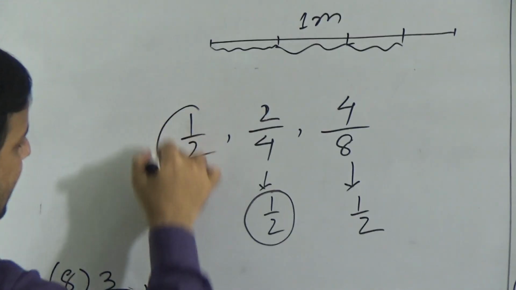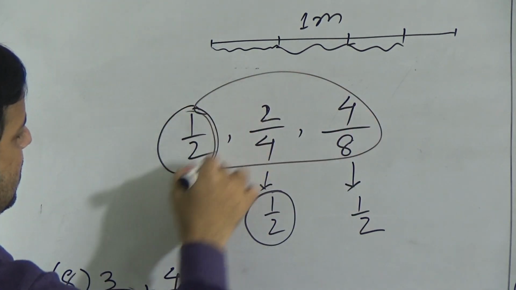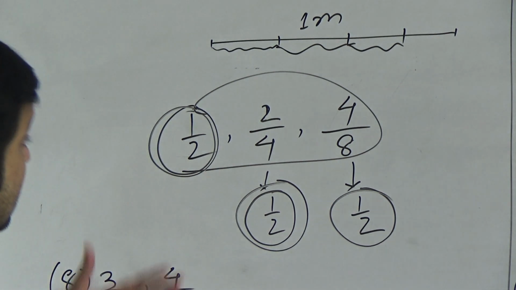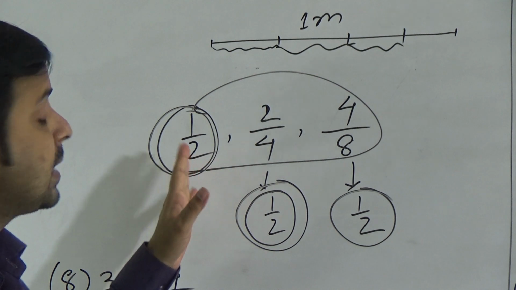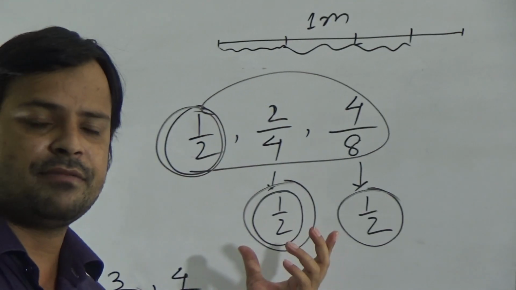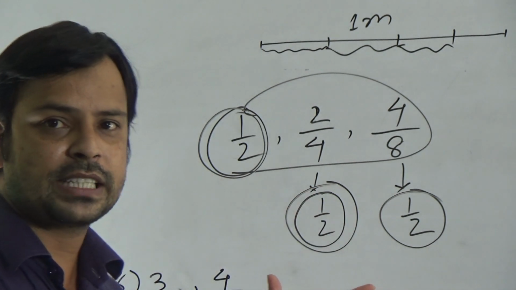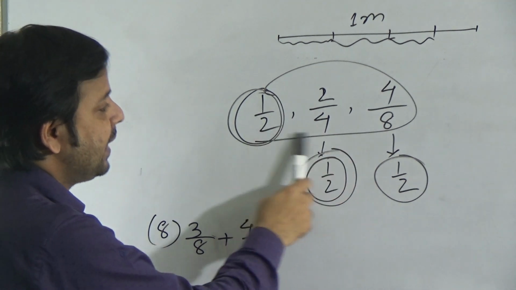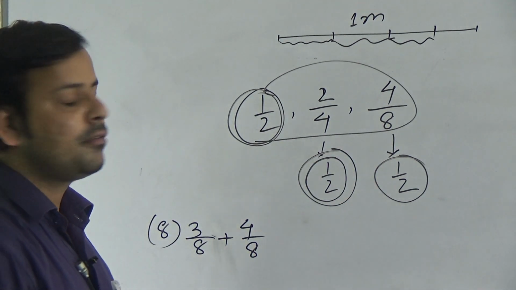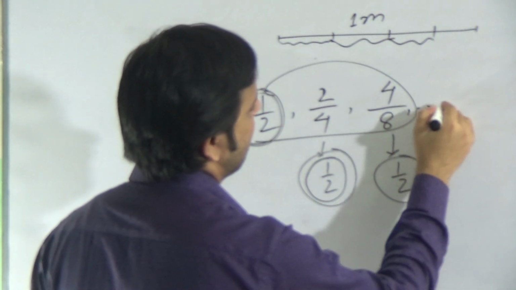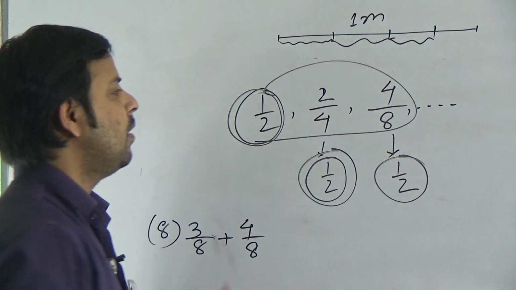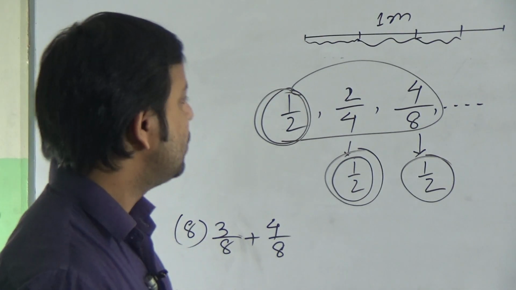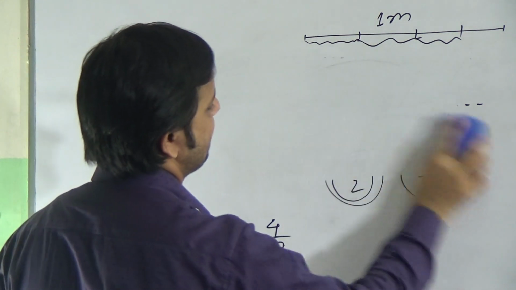It means that the value of these 3 fractions is 1 by 2. The value is same. It means that the fractions having same value are known as equivalent fractions. So 1 by 2, 2 by 4, 4 by 8, these fractions are equivalent fractions. In this way you may get more equivalent fractions. Okay dear students, now we will learn addition of fraction.